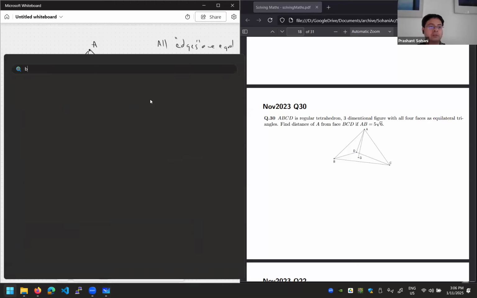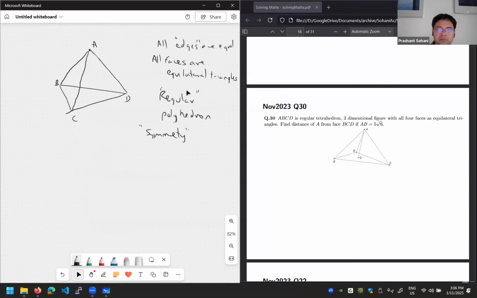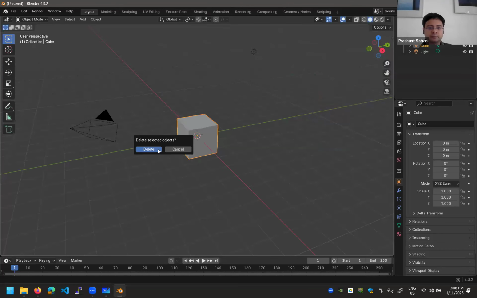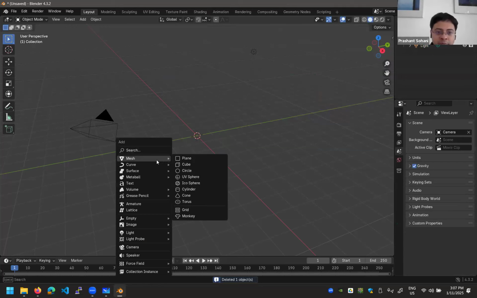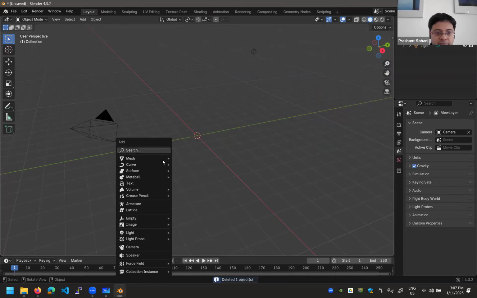To understand, if I show you what a polyhedron looks like, then you realize that the cube is also called a regular polyhedron.